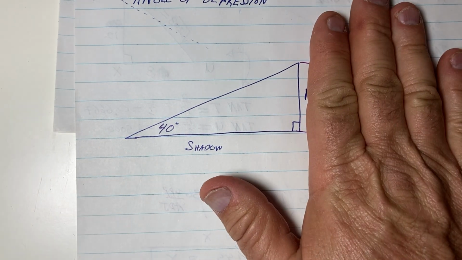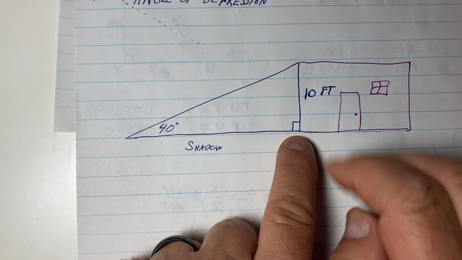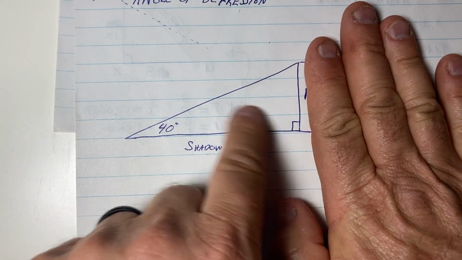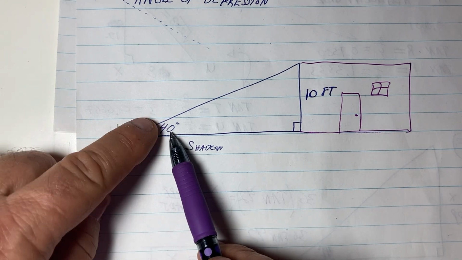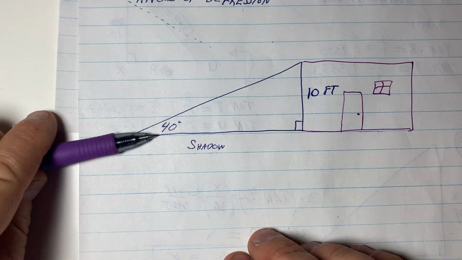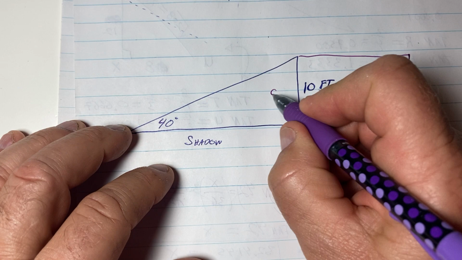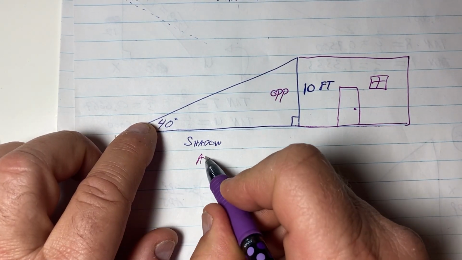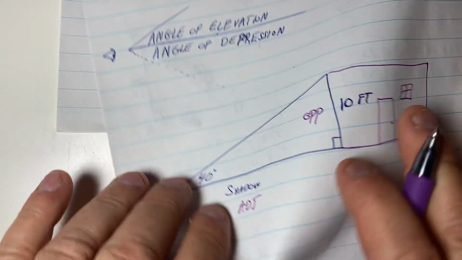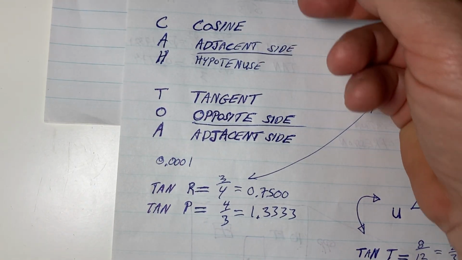Well, that's a right triangle. We're going to use trigonometry. We have 40 degrees. Relative to 40 degrees, that's the opposite side. Relative to this is the adjacent side. So we're going to use SOHCAHTOA.